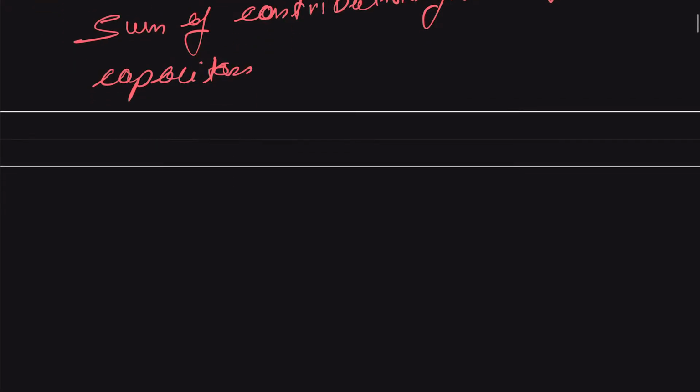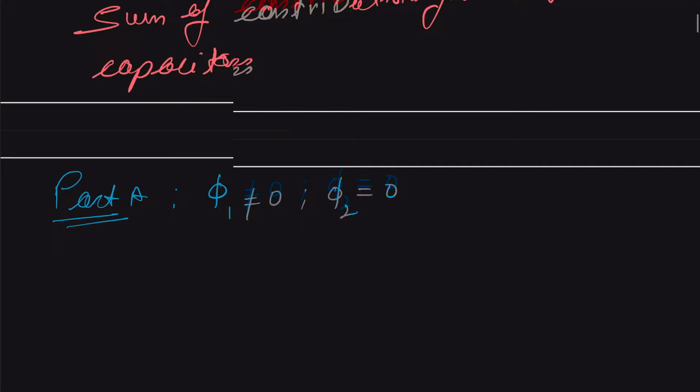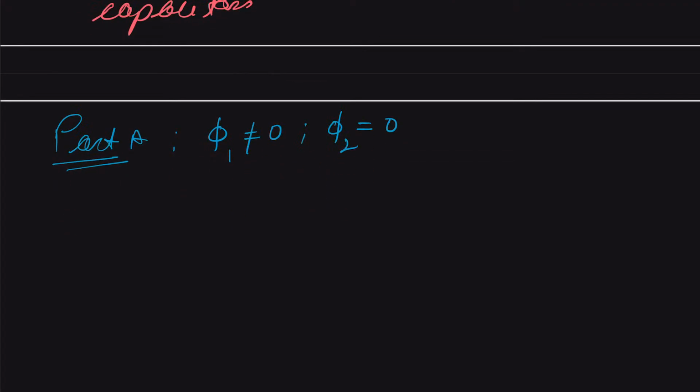Okay. So let us say this for our part A, and in part A, we are going to assume that our phi 1, that potential on plate 1, is not equal to 0, but potential on plate 2 is equal to 0. Therefore, based on this, we can write the equation for the voltages.